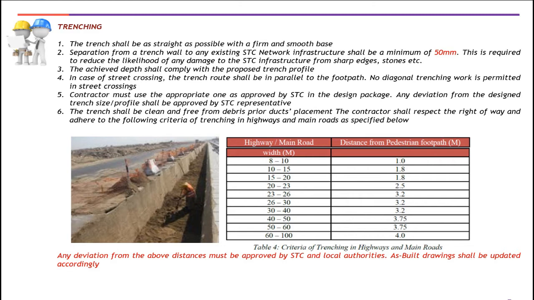For 50 to 60 meters road, 3.75 meters away from the footpath as well. If you have 60 to 100 meters width of road, the trench must be 4 meters away from the pedestrian footpath.